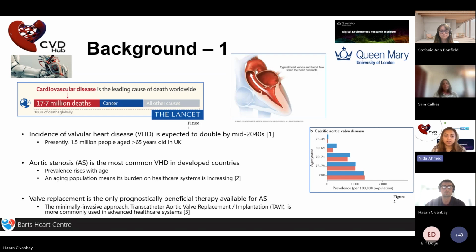Our North American colleagues call it transcatheter aortic valve replacement. So if you see those terms in literature, they're essentially the same procedure. This is the more commonly employed valve replacement therapy used in developed countries, as opposed to the surgical version, which is essentially opening up the chest cavity to replace the heart valve. Next slide, please.